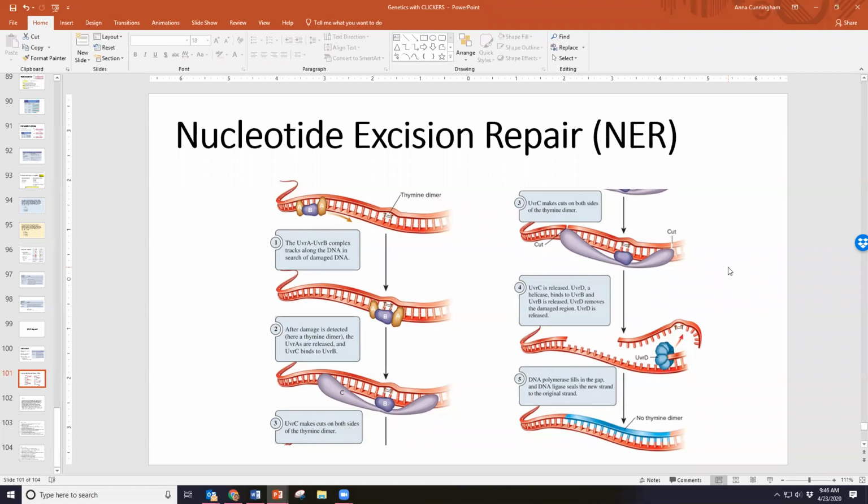HIV infects cells. It is made of RNA, so it's called a retrovirus because it does transcription in reverse. Retro means reverse. Instead of going from DNA to RNA, it starts as RNA and does reverse transcription, from RNA back to DNA.